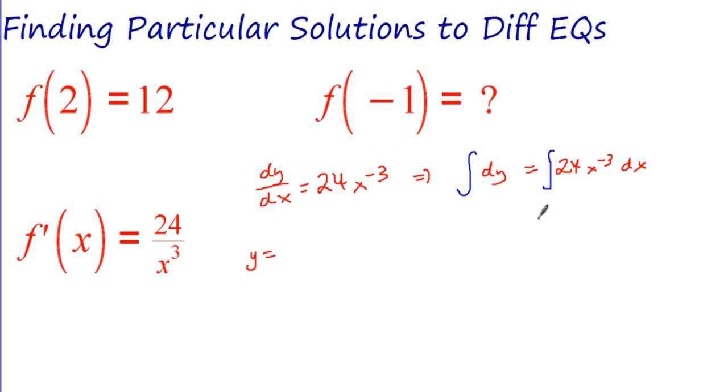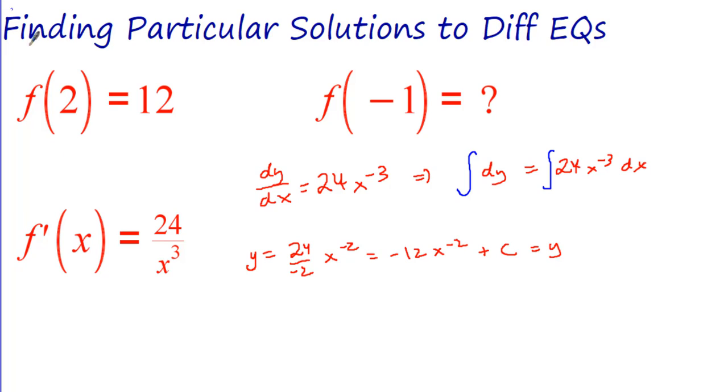What's the integral of 24x to the negative 3? Well, we're going to have to use that reverse power rule, and we get 24x to the negative 2 over negative 2, or negative 12x to the negative 2, plus c. Don't forget that c. So that is what my function of y is equal to.